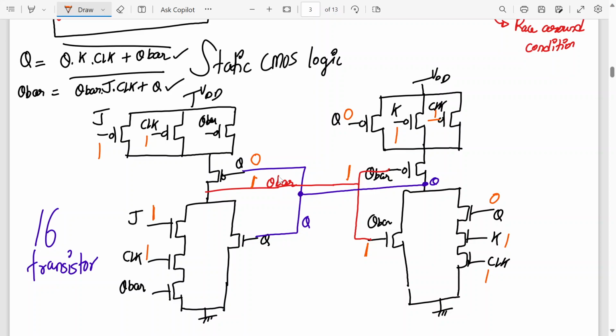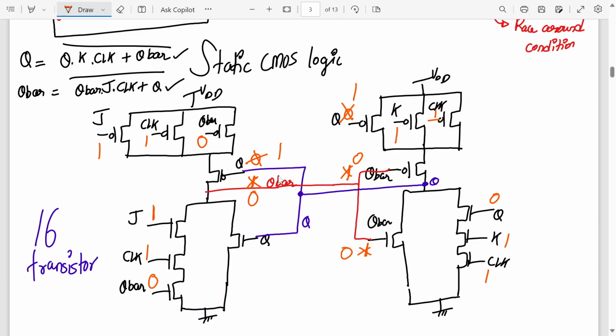So now Q will become 1. Why? Because it will reach toggle state because J and K both are 1. So Q and Q bar, right? This will become 1 and this will become 0, right? Yes, sir. So this is 0, this is 0, Q is 1, Q bar becomes 0.